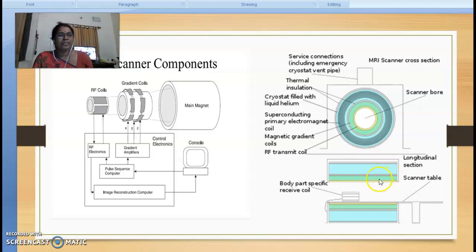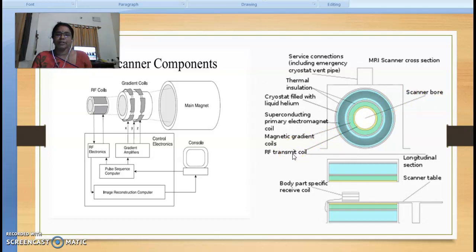If you look at this, this is the body-part specific receiver coil. This is the scanner table. If you see the circular form, there are many circles like this, shown with various colorations. This is the scanner bore.